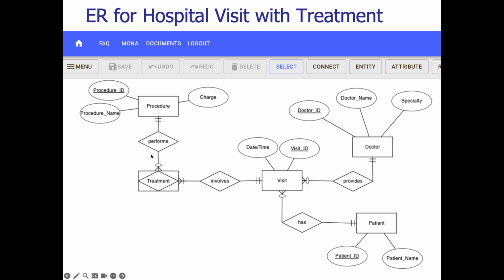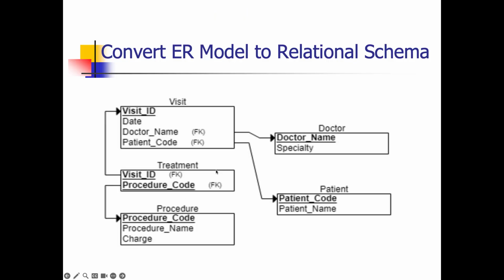Now, between visit and procedure, there was a many-to-many relationship, right? Through the treatment, because each visit can include multiple procedures like X-ray examination and so on. Each of these procedures, like X-ray examination, could be in multiple visits, right? And so this is an associative entity connecting these two together. So this is just a very basic, simple ER model for the case that we just had.